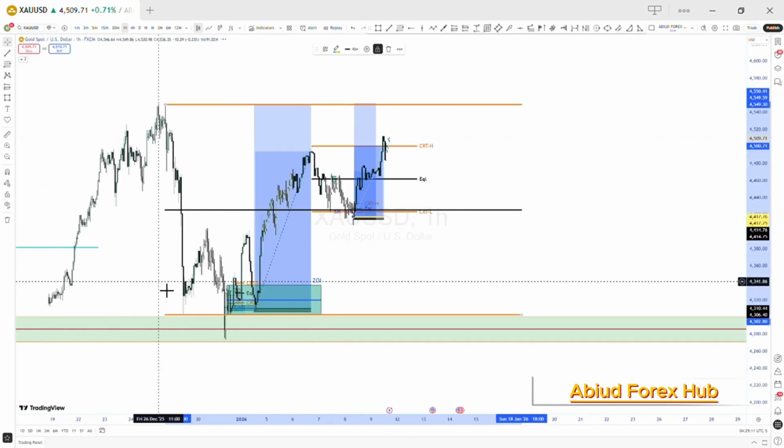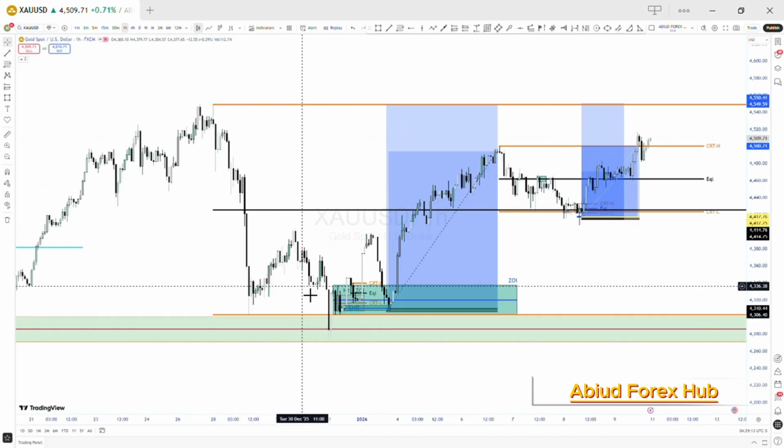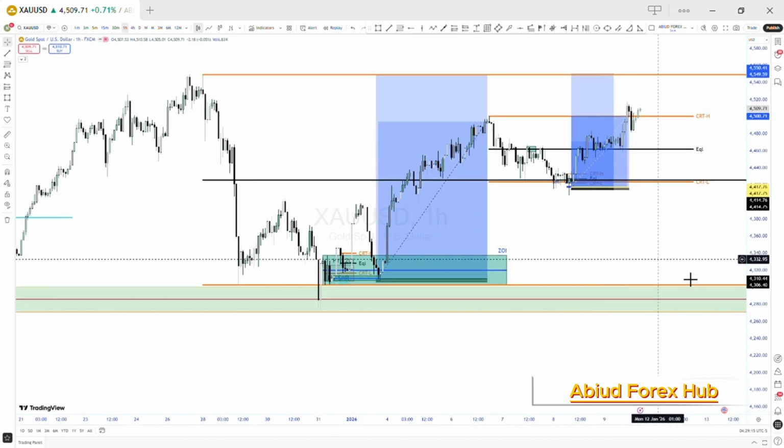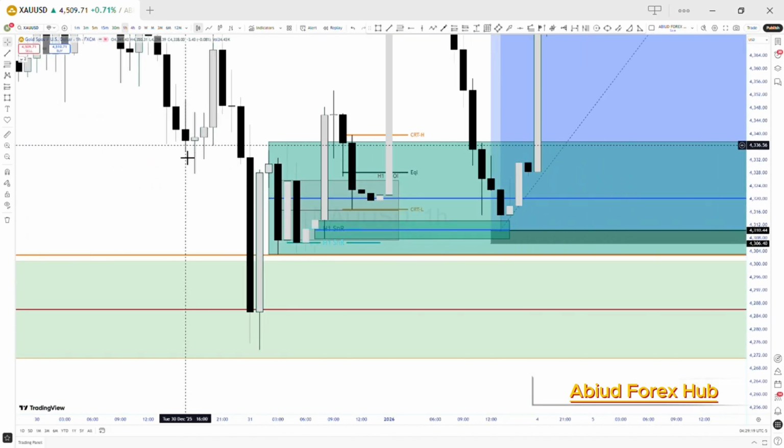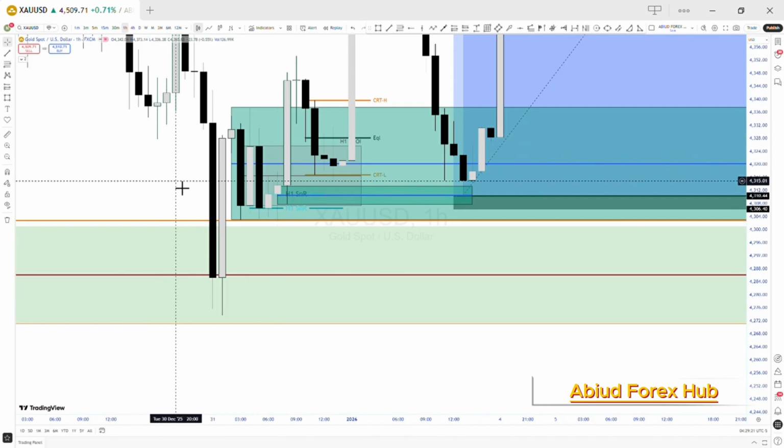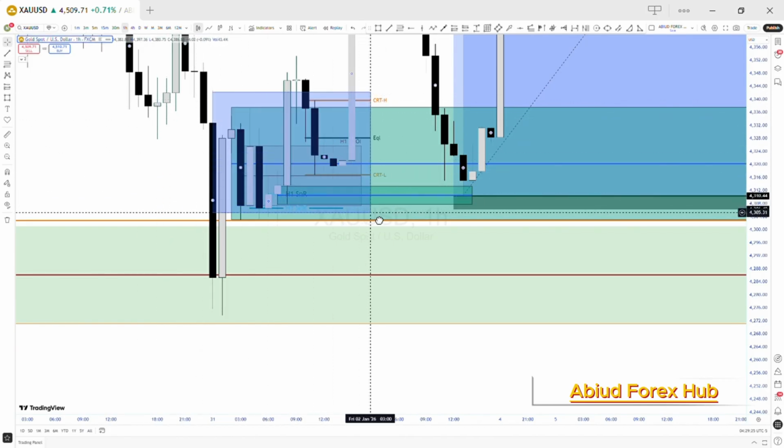I went to the lower time frame, which is my 1 hour time frame, to look closely at the rejected level, and I can just clear all of this so that we see exactly what we got here.